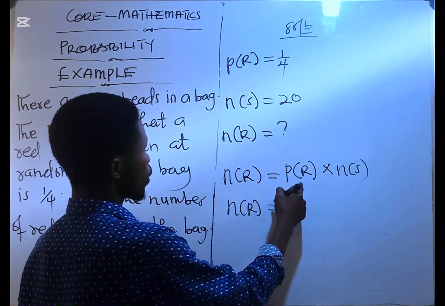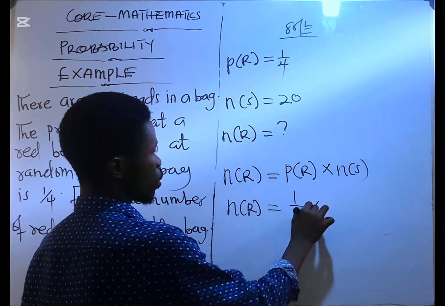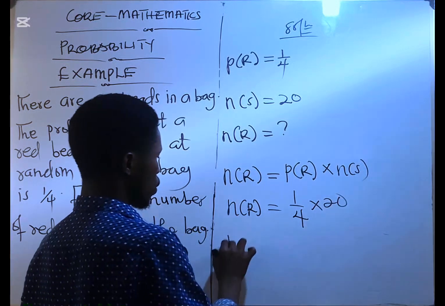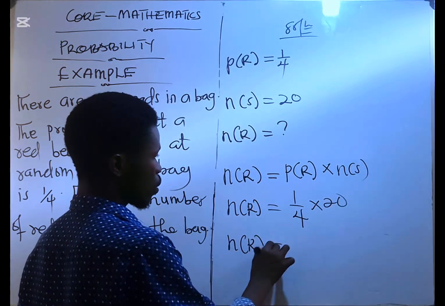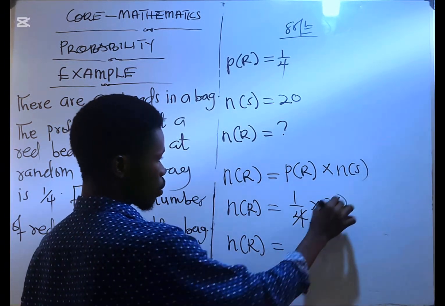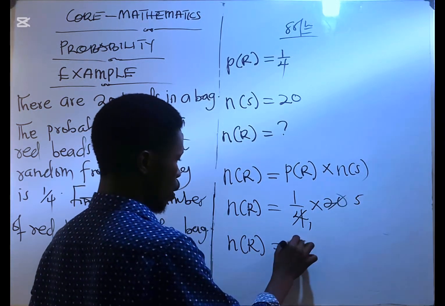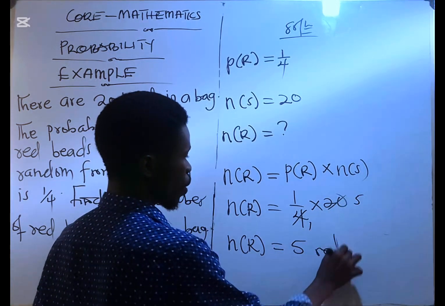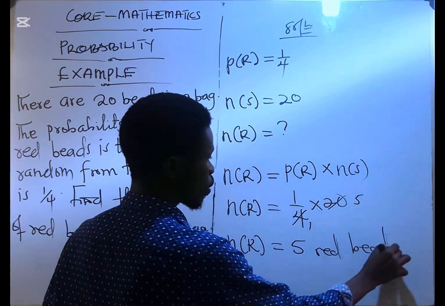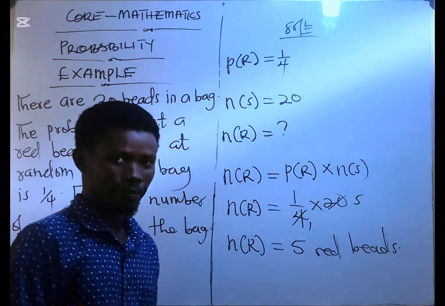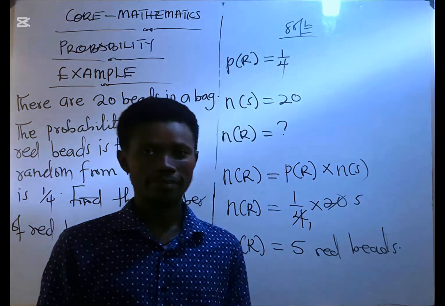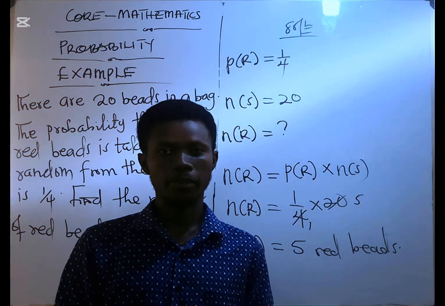Since we have them already, this is 1/4 times 20. 4 goes here, 1 goes there, 5. So we have 5 red bees. Simple, right?